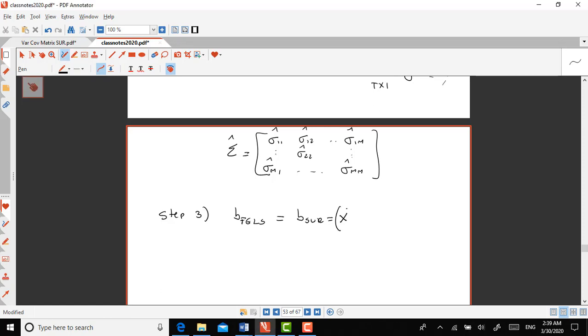So this is X prime, this is the inverse sigma and the Kronecker product of the identity matrix, X, X prime, and the matrix times Y. And remember that here, this is the estimate of sigma hat inverse.